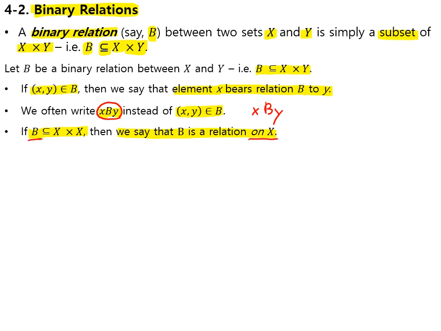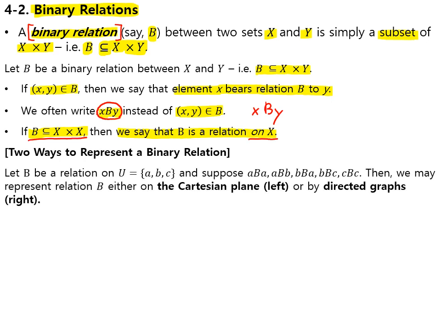So here, the binary relation will consist of a set of ordered pairs, which is a subset of the Cartesian product of x with itself. So that's the binary relation, and there are basically two ways to represent a binary relation.